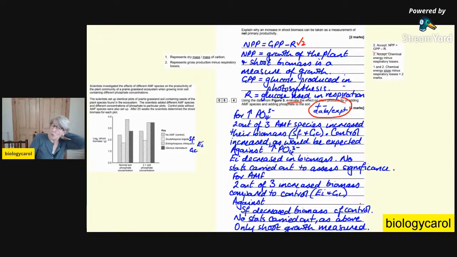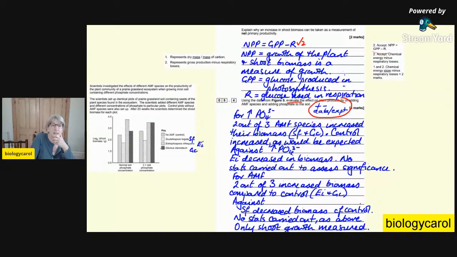So arguments for using AMF. So here I'm just looking here. In comparison to the control, the control had none of these fungi with them. To see whether the fungi did anything, you would expect them to grow more than the control, just being in the ground on its own.